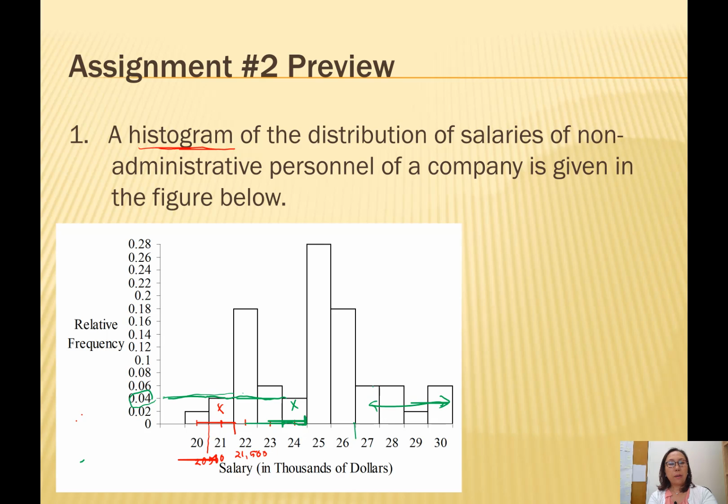So you want to figure out the relative frequencies for each of these 4 and then add them together and convert to percent. This is 6%, this is also 6%, this here is 2% and another 6%. And you can add them together.